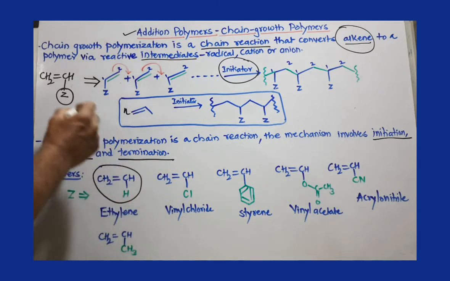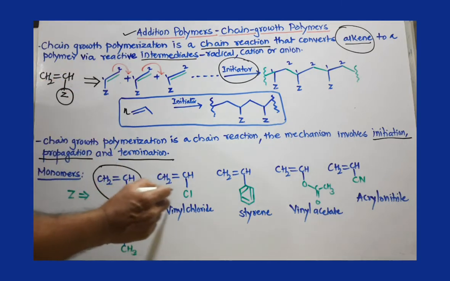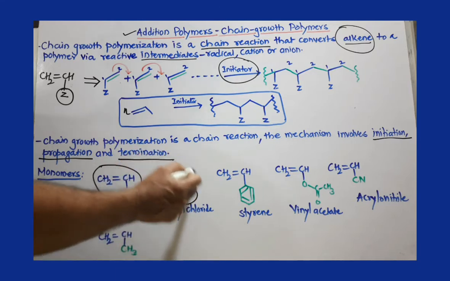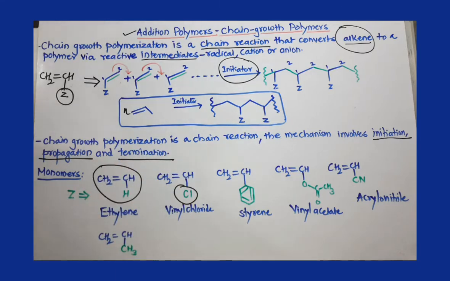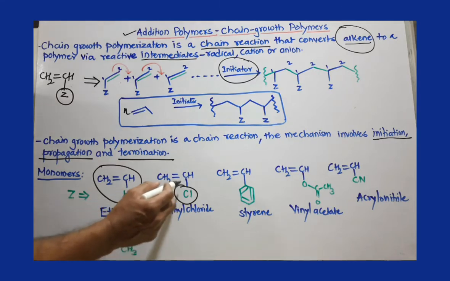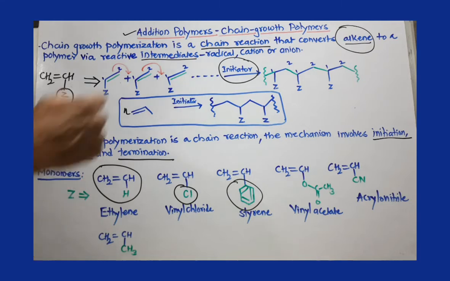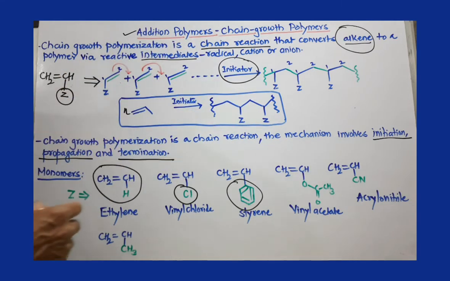And if you replace this H with Cl, so Z is Cl, we call it vinyl chloride. In that case, we get polyvinyl chloride. You can replace that hydrogen with a benzene ring, we call it styrene, and the polymer will be polystyrene.